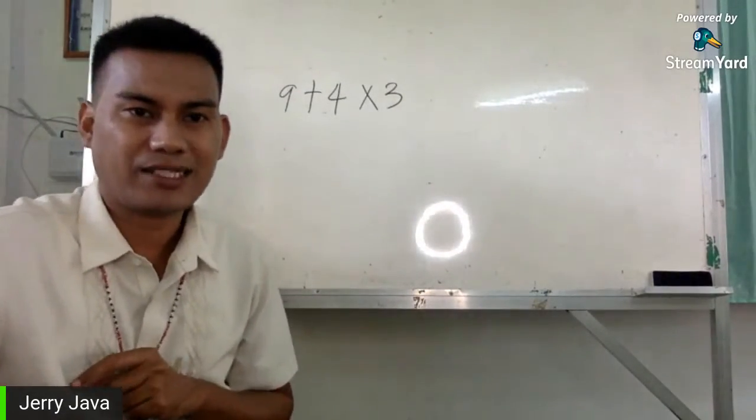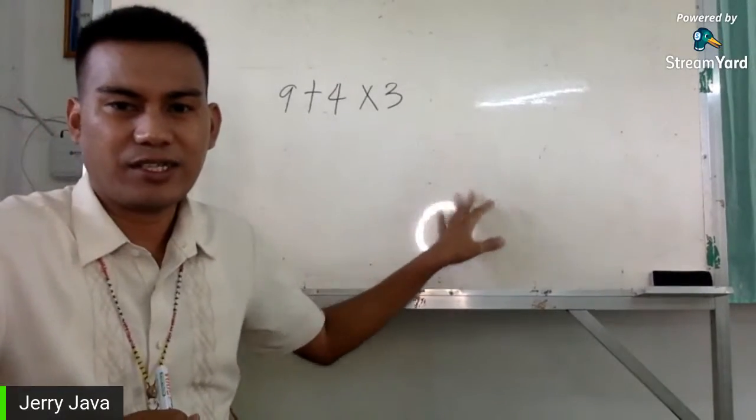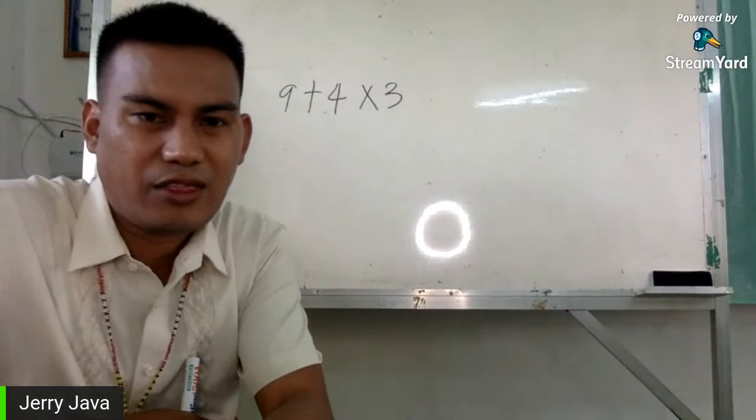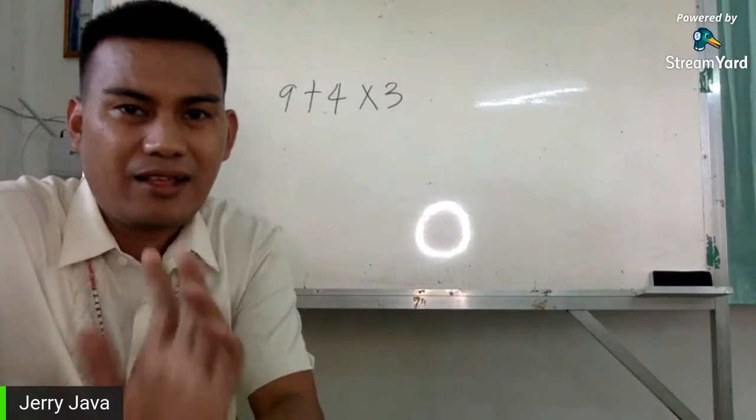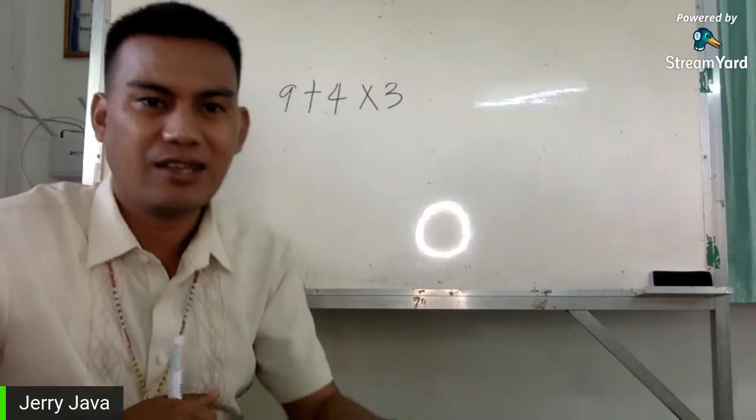That's the PEMDAS or GEMDAS. Now this one we have here, 9 plus 4 times 3. I'm going to give you maybe 30 seconds. When you hear the bell, that means time's up. That's when you're going to type in your answers. Then we'll check.